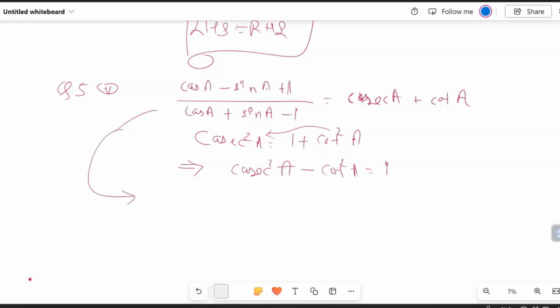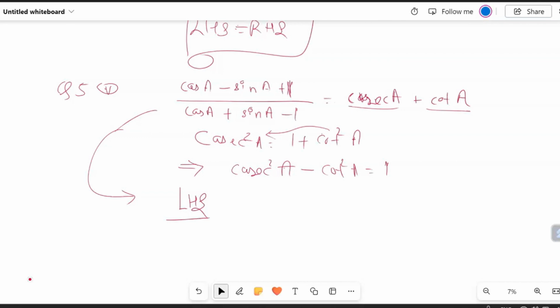Remember one thing, in the RHS, carefully observe, cosec and cot are there. In the LHS there are cos, sin, and 1 simply. First we need to convert the LHS in forms of cot and cosec and all.